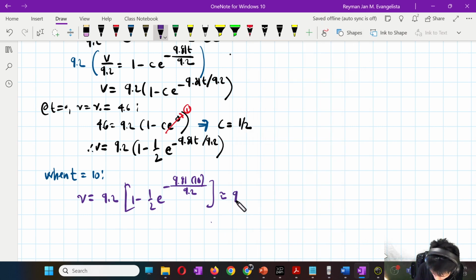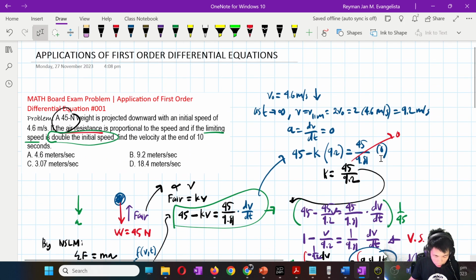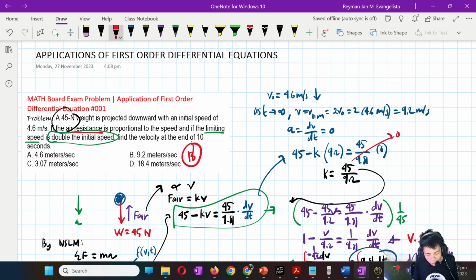As you notice now, our speed at the end of 10 seconds is approximately equal to the limiting speed. So 9.2 is what letter? Letter B. So our answer, the velocity after 10 seconds, is 9.2 meters per second, and is approximately equal to the limiting velocity.